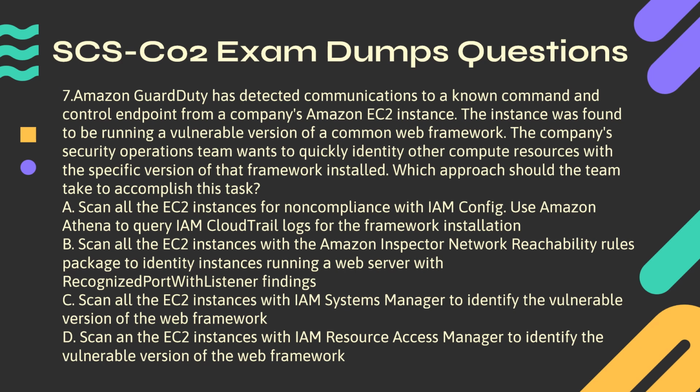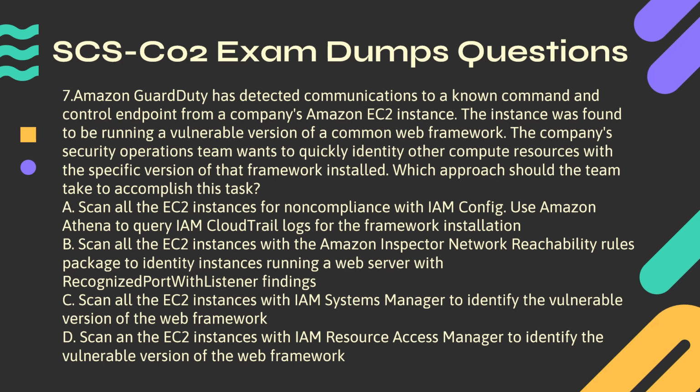A. Scan all the EC2 instances for non-compliance with AWS Config. Use Amazon Athena to query AWS CloudTrail logs for the framework installation. B. Scan all the EC2 instances with the Amazon Inspector Network Reachability Rules package to identify instances running a web server with recognized port with listener findings.